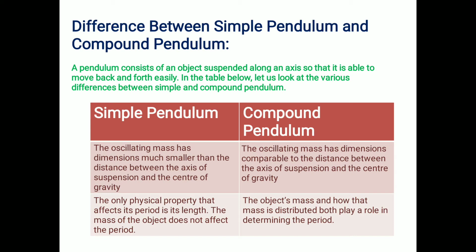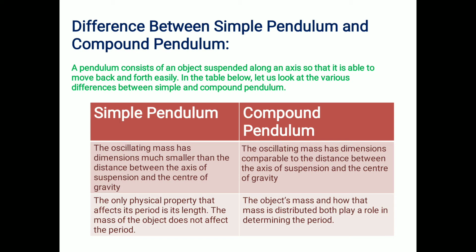First one is that the oscillating mass has dimensions much smaller than the distance between the axis of suspension and the center of gravity. So what is the first point? It says dimensions of the oscillating mass. What is the oscillating mass? In a simple pendulum, the oscillating mass is a bob which is tied at the end of the string.